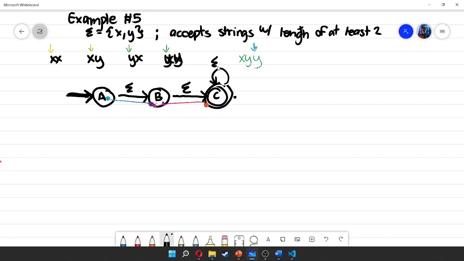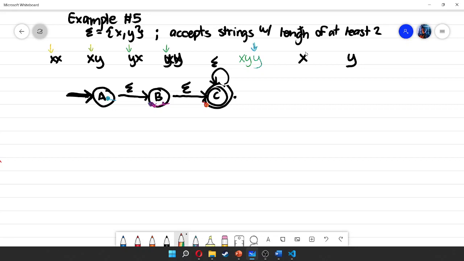Okay. So, another example. What if the input is only X, or what if the input is only Y? From the top of your head, is it accepted or rejected? For these two? Rejected, right? So do we still need to create a trapping state or not?